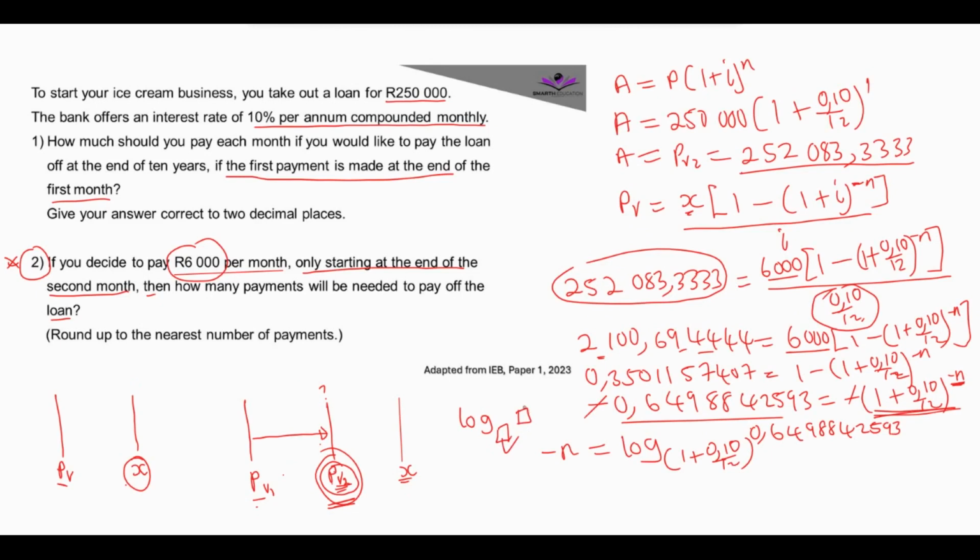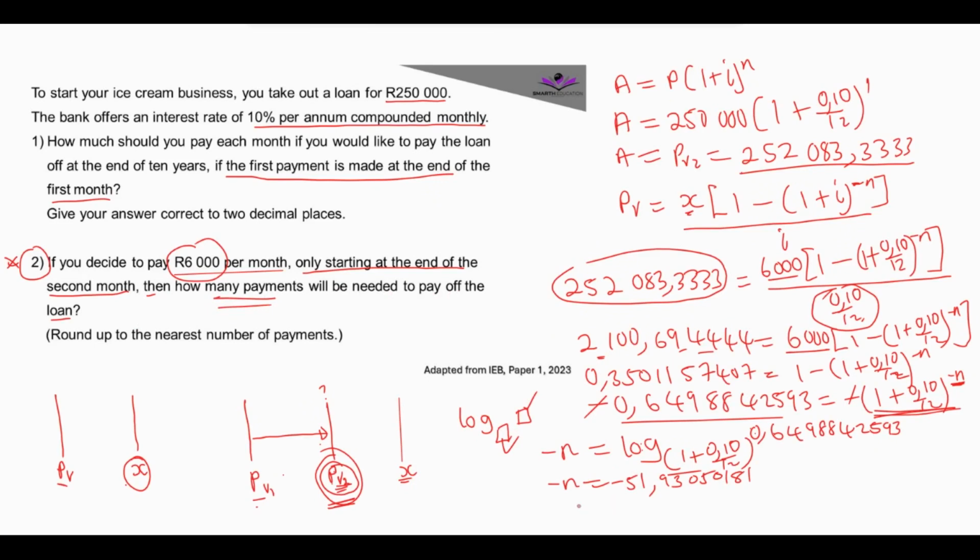Put your base here, put your number there. But if you want, you can say log of this number, 0.6498842593, divided by log of the base, then you get your answer. Then we have negative n is equal to negative 51.93050181. How many payments would be made to pay off the loan?